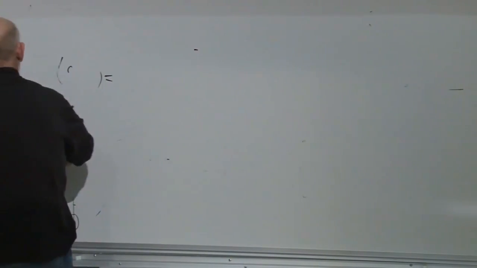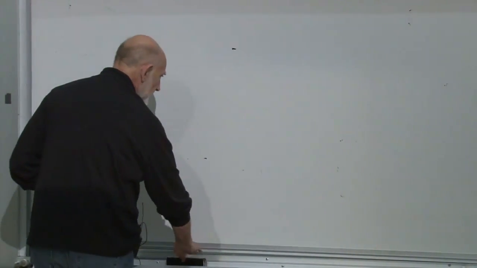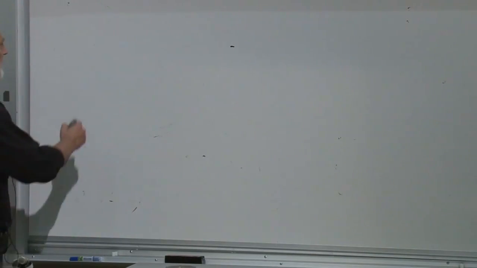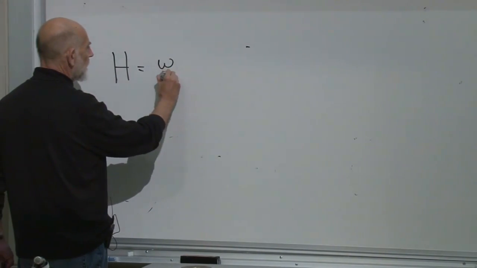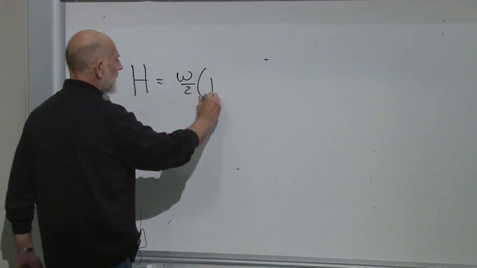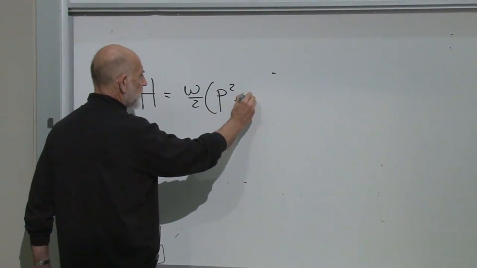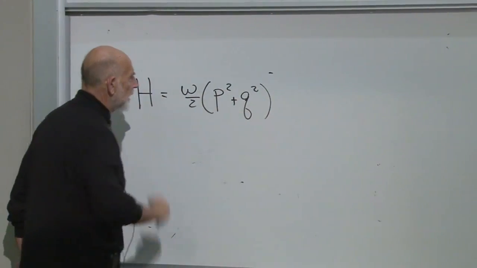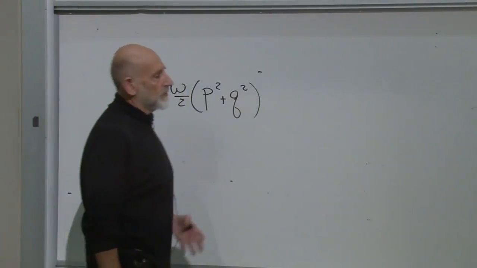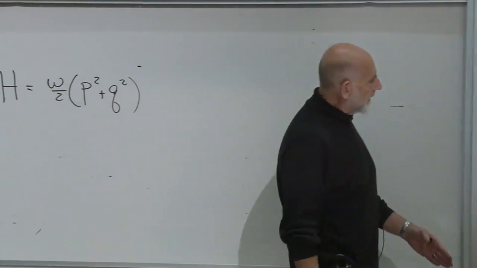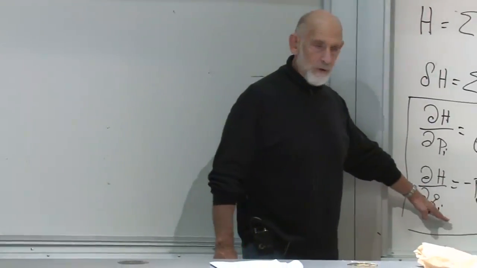So let's take the Hamiltonian for the harmonic oscillator as a prime example. What did I say it was? Omega over 2 times p squared plus q squared. That's the Hamiltonian. Here it is in terms of p and q. It's a function of p and q, and I can now read off what the equations of motion are.